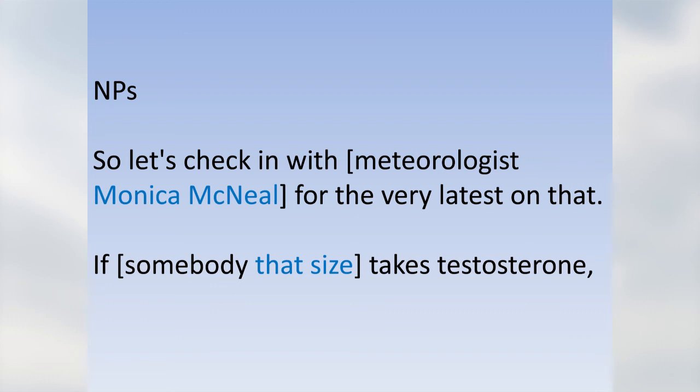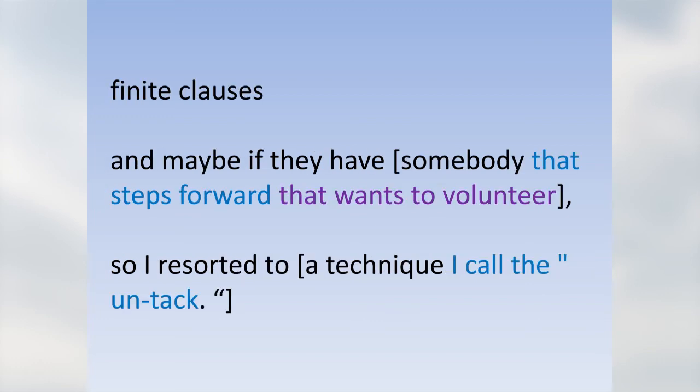Also, you can get something like this. If somebody that size takes testosterone, that size is a noun phrase, right? Size is a noun, and that is the determinative inside there. But the head of this bigger noun phrase is somebody. So noun phrases can come after their head and modify them.